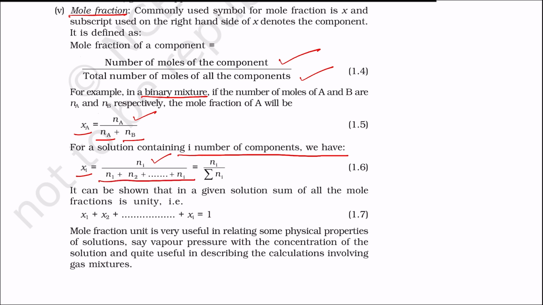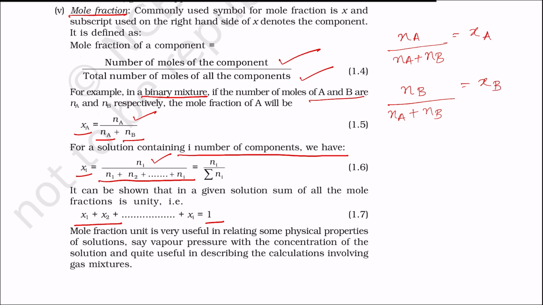Now the sum of all the mole fractions is equal to 1. Now in a binary mixture of A and B, moles of A divided by total number of moles, that is moles of A plus moles of B, will give mole fraction of A. Moles of B divided by total number of moles, that is moles of A plus moles of B, gives mole fraction of B, and sum of the mole fraction of A and mole fraction of B is equal to 1.